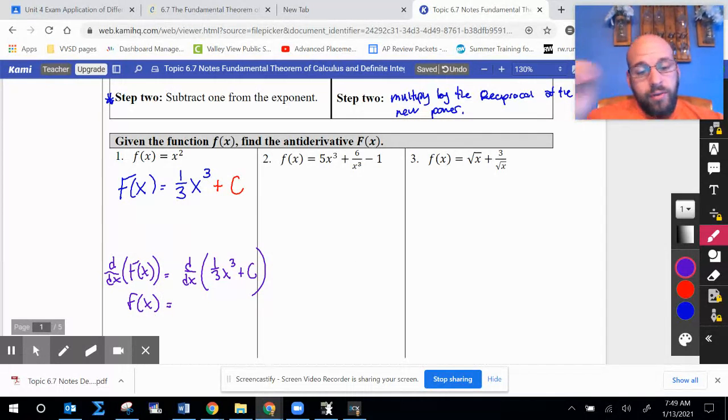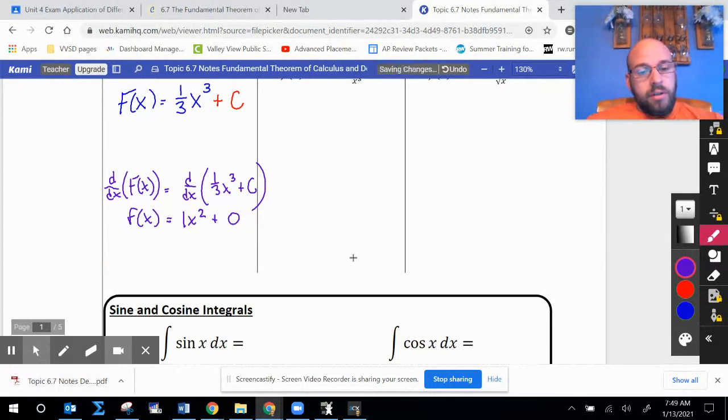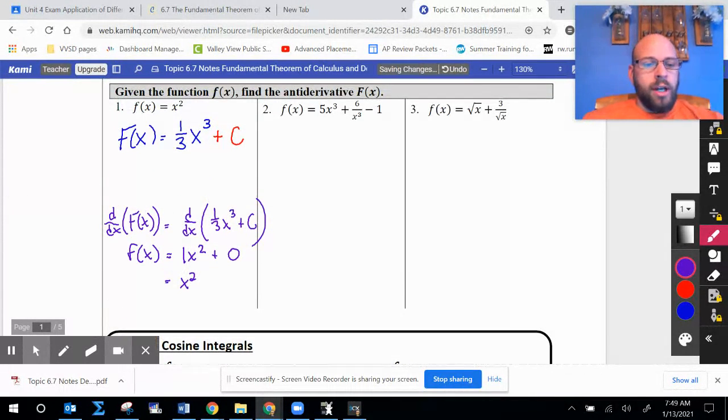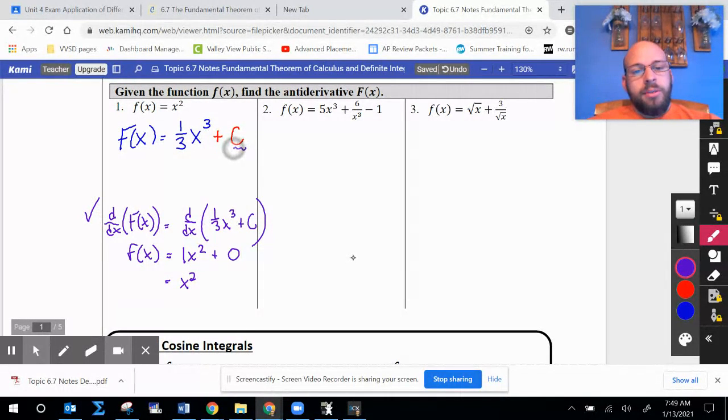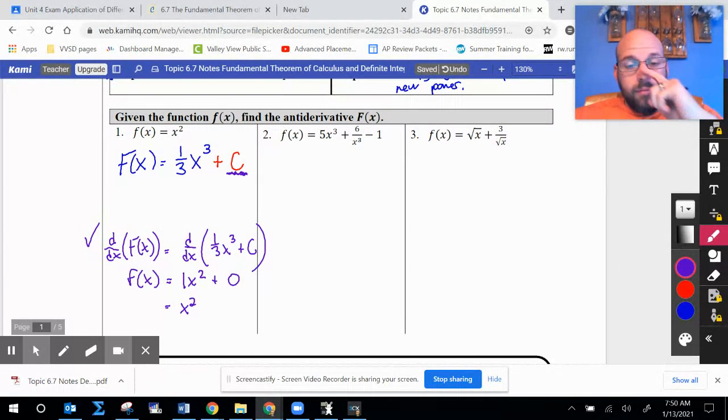And if I take the derivative of 1/3 x cubed, if I drop the 3 down, 3 times 1/3 is 1, x, lower the degree, and then the derivative of the constant is 0. So I get x squared. So that works out, that checks off. But whenever you find an antiderivative, we have to put that plus c. Okay? So let's do the same thing again.